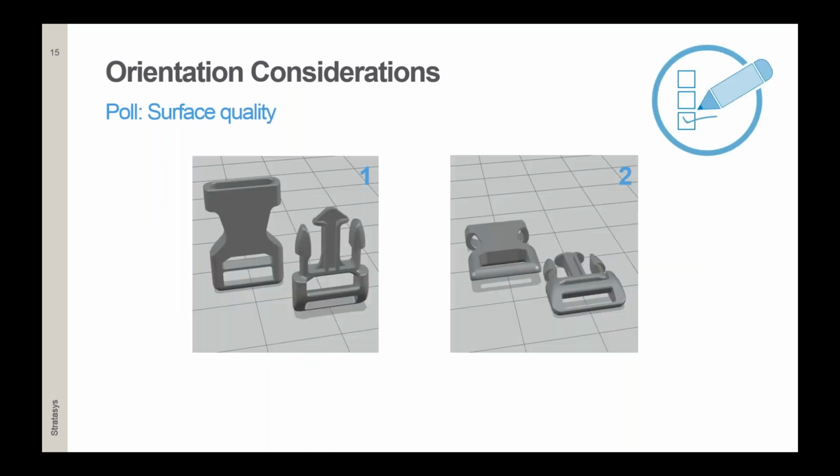So when we go into the second orientation consideration, it is the surface quality. And the surface quality might be a requirement for you as a design engineer. So without giving any explanation, I would like to ask your opinion, looking again at the same two pictures, telling me if it's the left printed vertical or the right printed horizontal that would give you the better surface quality of the model.